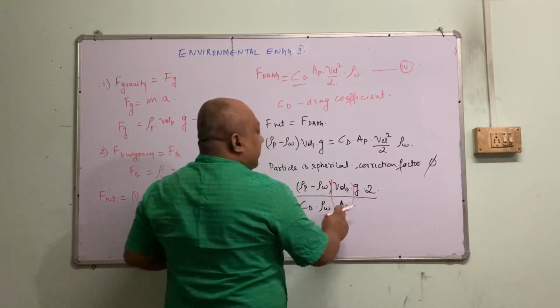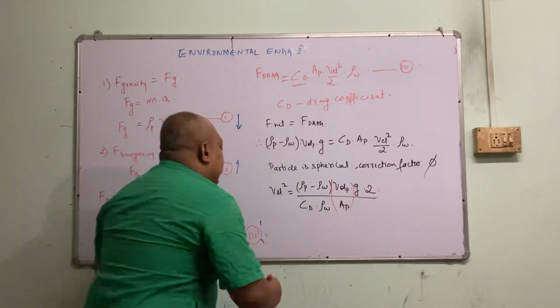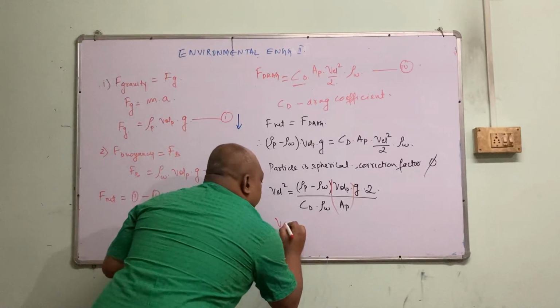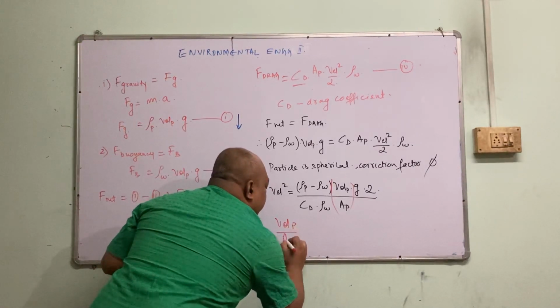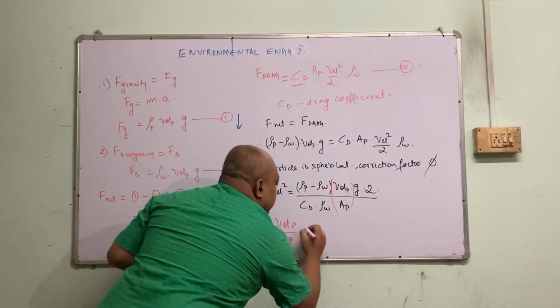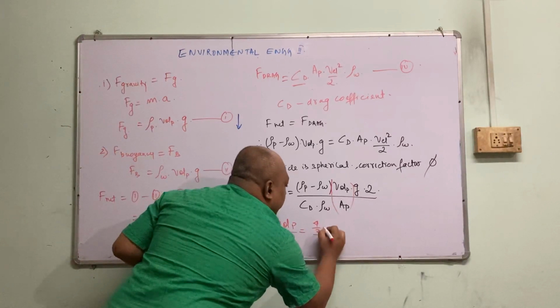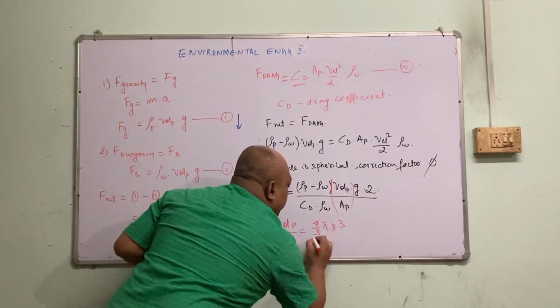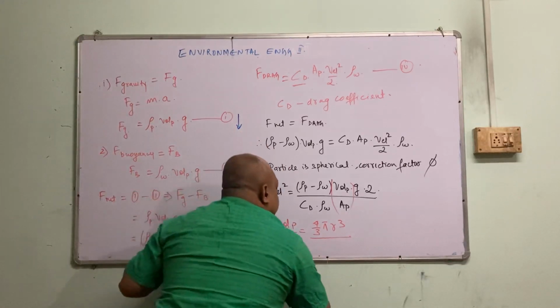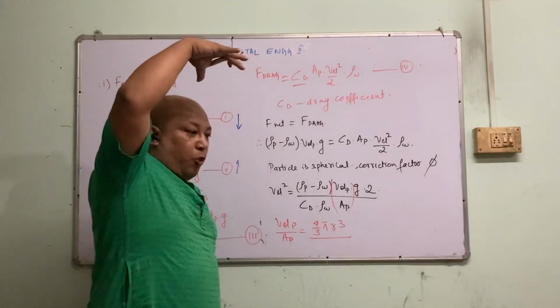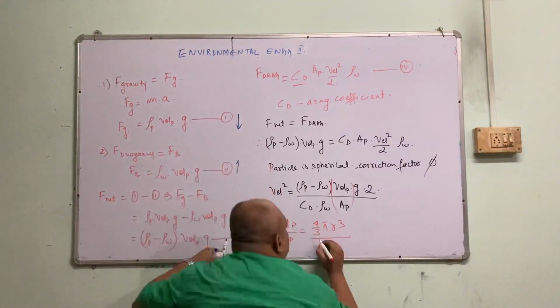From this equation, let me work out the volume of the particle by the area of the particle. Volume is 4 by 3 pi r cube. Area of the particle, since it is the top view, we consider to be pi r square.